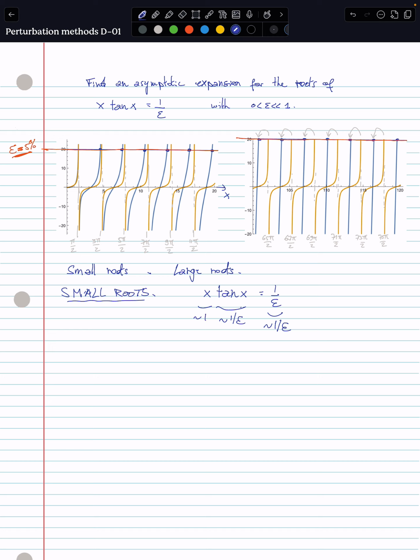All right, so we can find a sort of balance between the different orders of magnitude in this problem just by saying that x shouldn't be too large, tangent of x is large and has the same order of magnitude as the right-hand side, which is 1 over epsilon. All right, so if we do this, then of course the natural approach is to seek solutions in the neighborhood of the singularity.